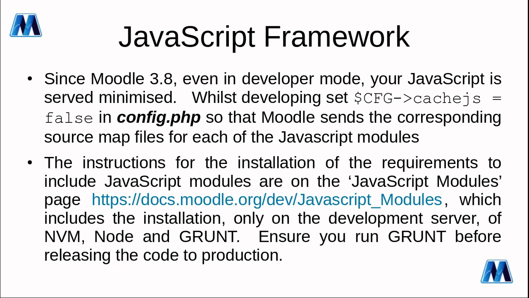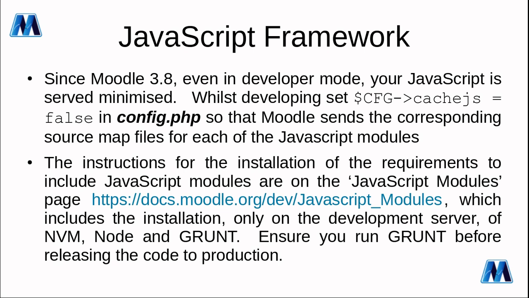So, the complications with JavaScript now. Since Moodle 3.8, even in developer mode, your JavaScript is served minimized. The setting we discussed earlier, in lesson 2, or maybe lesson 1, about your config settings for your development environment, is the cache.js configuration setting in your config.php file.